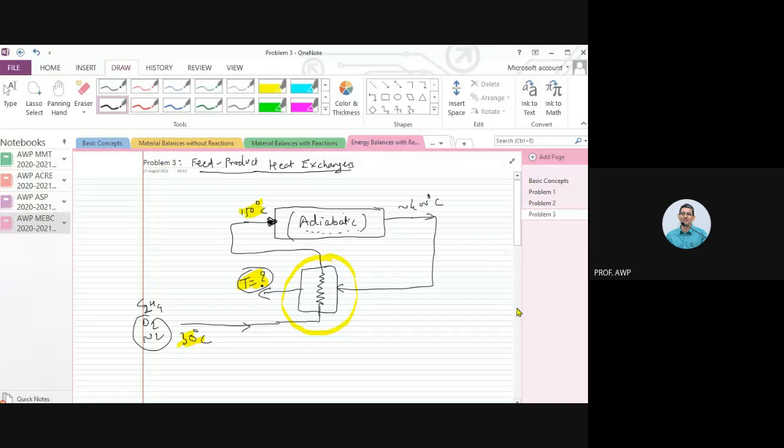Praveen, is that okay? Yes, sir. I mean, why do you ask me? Whether I say yes or no has no connection. I may say no, there is no phase change, but if temperature is below the dew point, phase change will occur whether I like it or not.